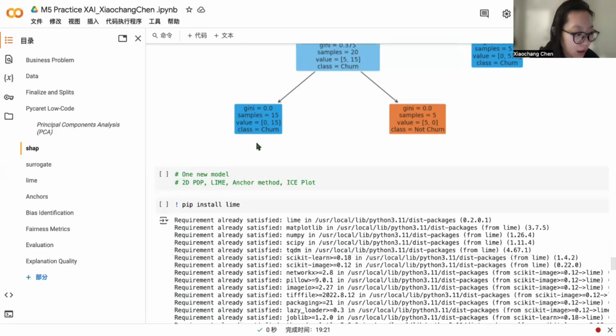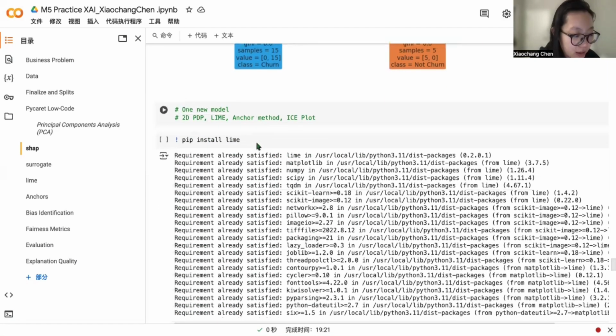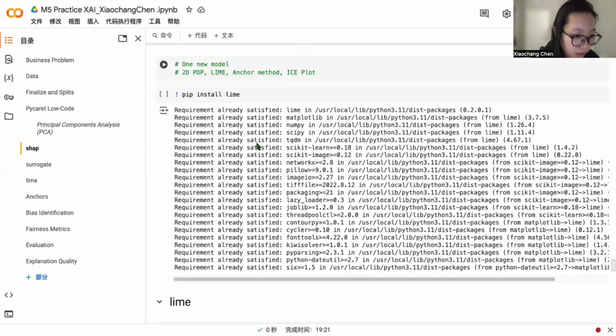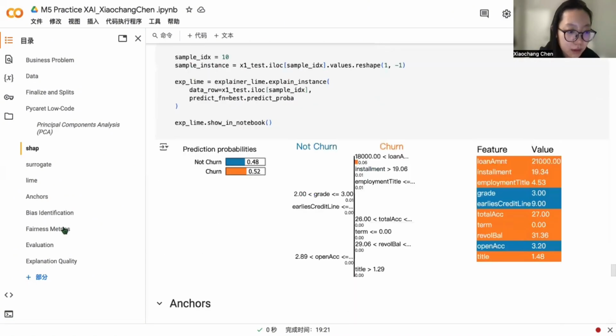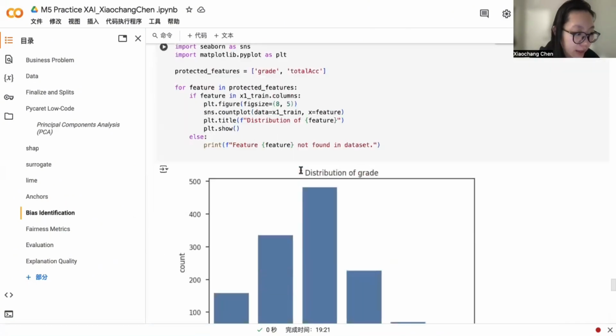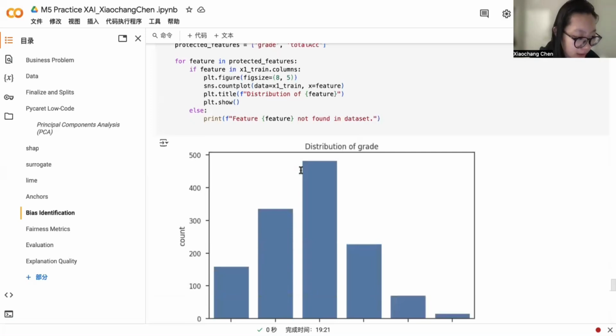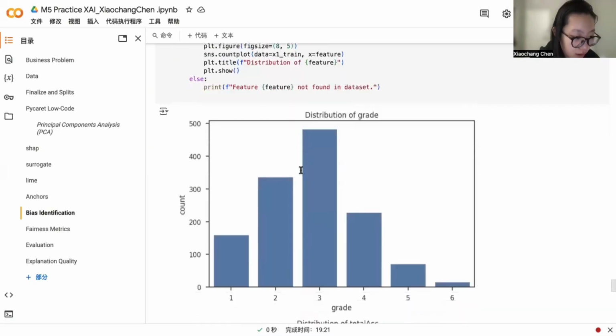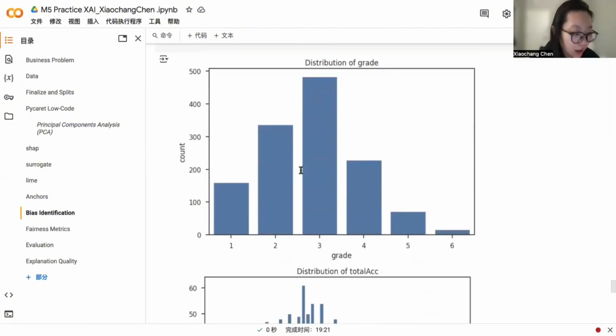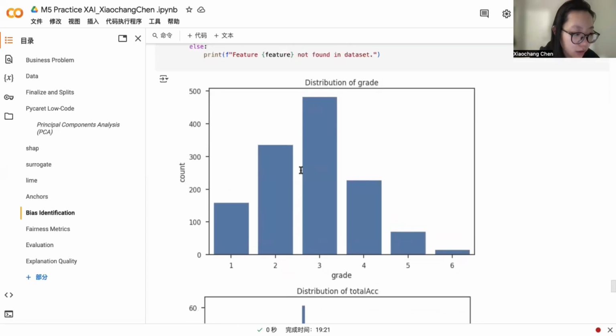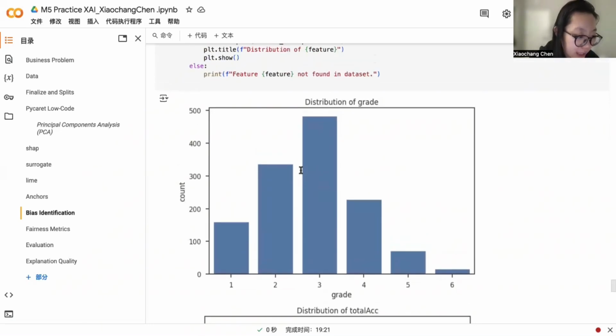In the next part, about fairness and bias analysis. Even if the model is accurate, that doesn't mean it's fair. So we dug into the numbers to see if certain groups were being treated unfairly. Number one, approval rates. Do some people get loans more easily than others?